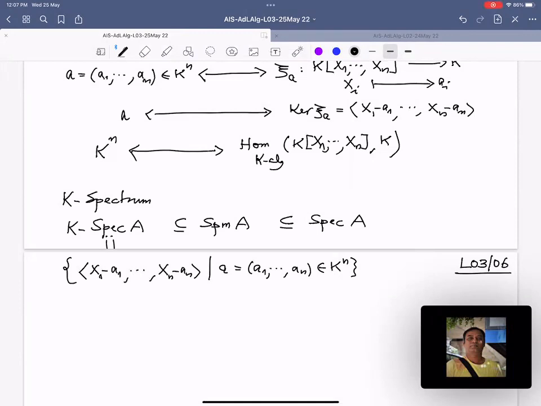And there are many of them. So they are like points. But you see, the maximal ideals may not be coming from points. We saw the example. And there are more prime ideals. The name spectrum comes because of this.